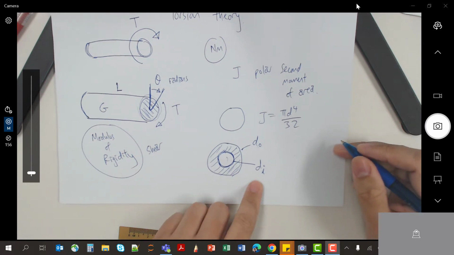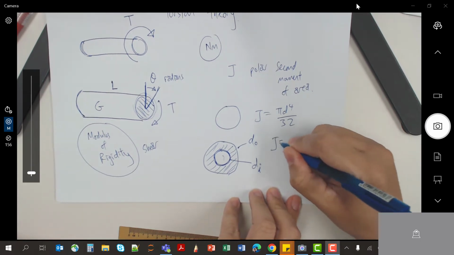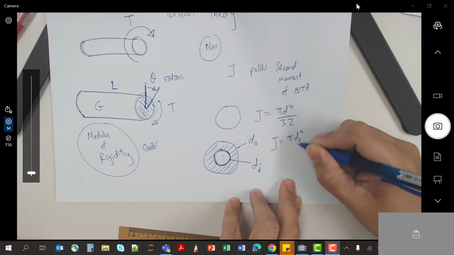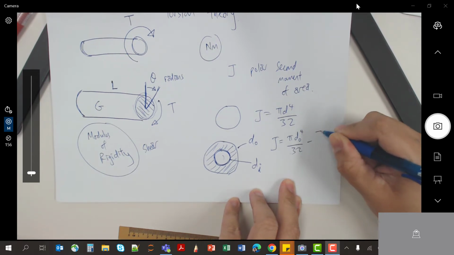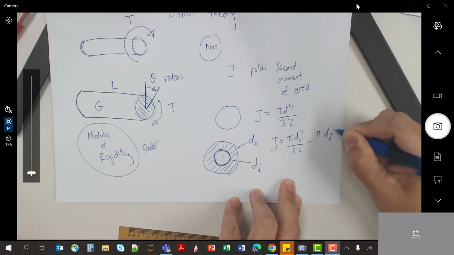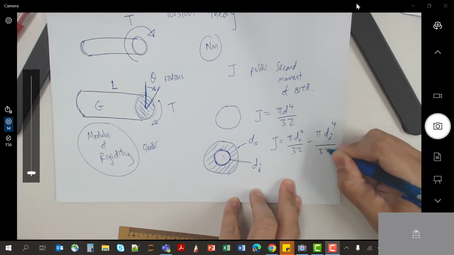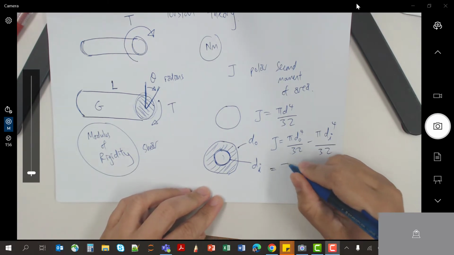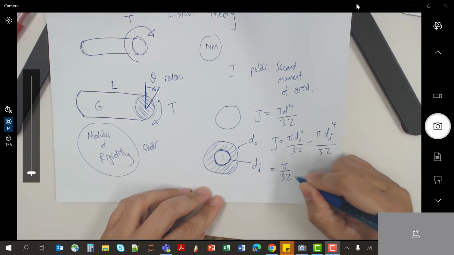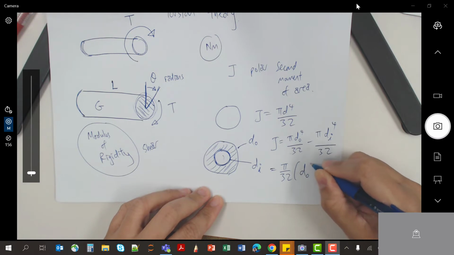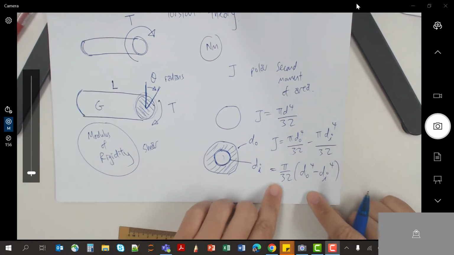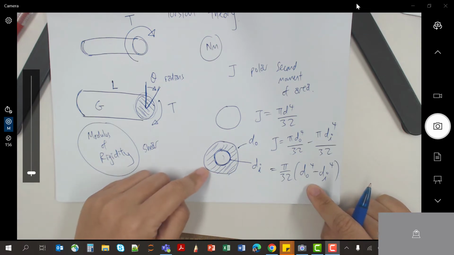Under this circumstance, your J will then be pi d out to the power of 4 over 32 minus pi d in to the power of 4 over 32. Or you can simplify it by taking out pi over 32: d out to the power of 4 minus d in to the power of 4. This will be the J for a hollow rod.